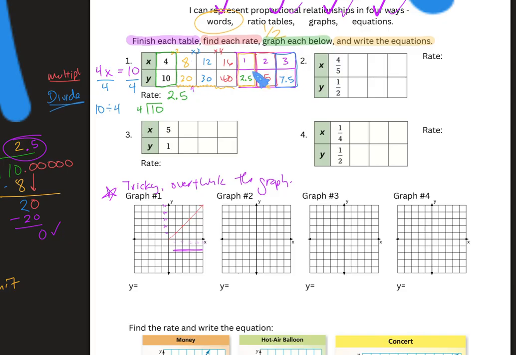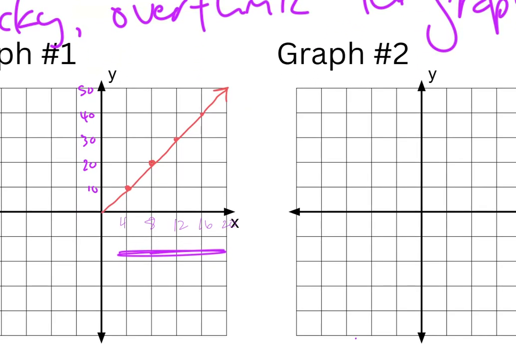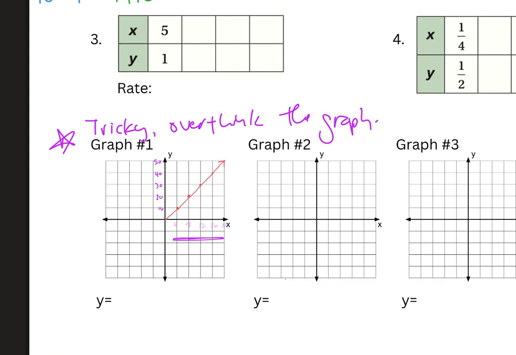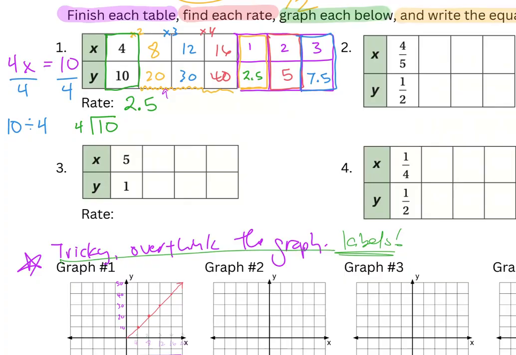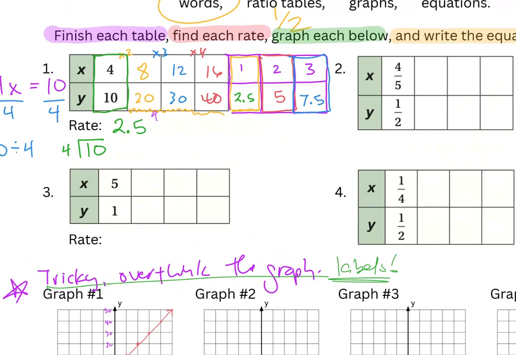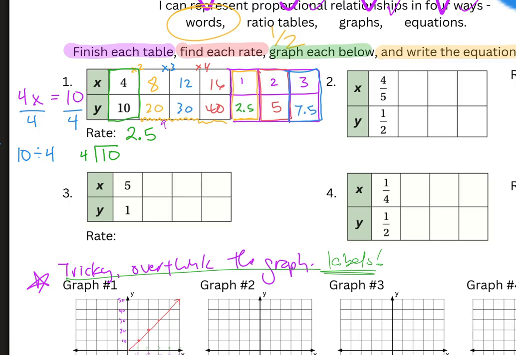But what about this one? I'd like to show you this one on the same graph for one particular reason. So what am I gonna have to do? I'm gonna have to rewrite my labels. And that's the overthinking tricky part, is the labels, okay? So I'm just gonna call this now 1, 2, 3, 4, 5. And what happens when I had 1, 2, 3, 4? Well, 1, 2, 3, and 4 went all the way up to 10. If we happen to go to a 5th slice of pizza, then that would be $12.50.